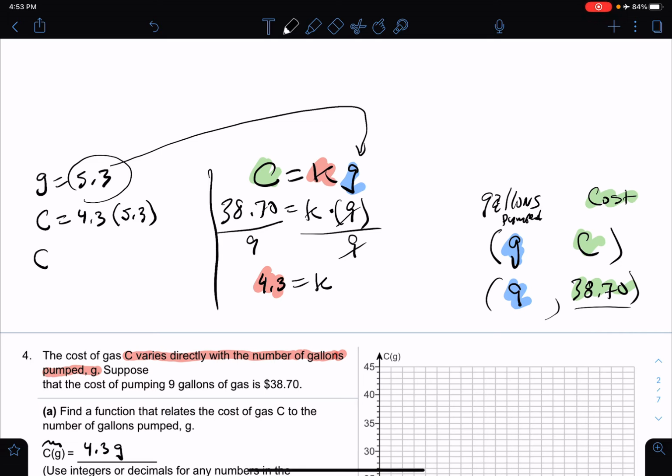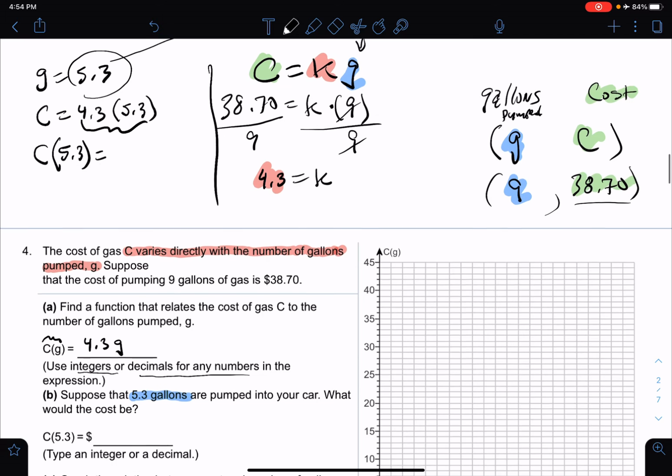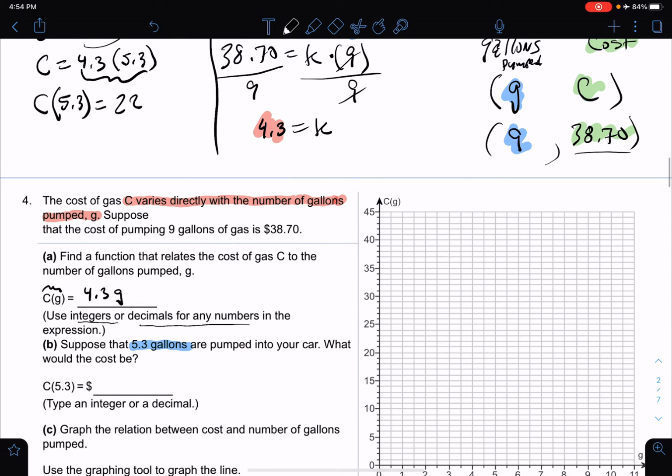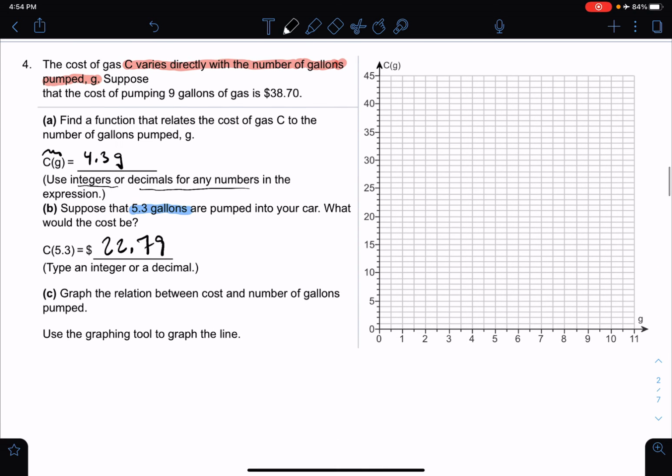In function notation, C of 5.3, the input, equals, and then multiply those two. When I multiply the two, I get 22.79. So if you pump 5.3 gallons, it's going to cost you $22.79.